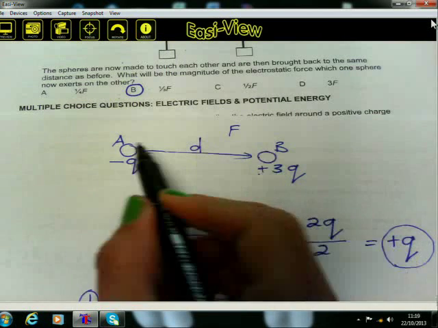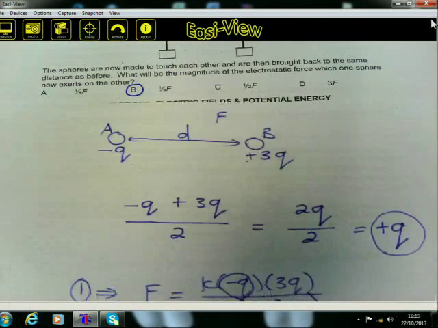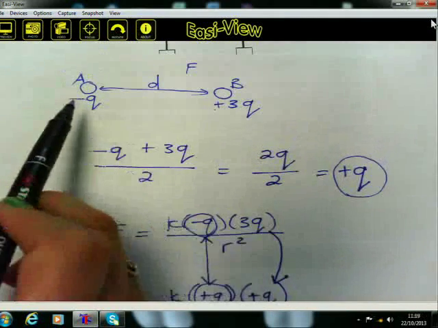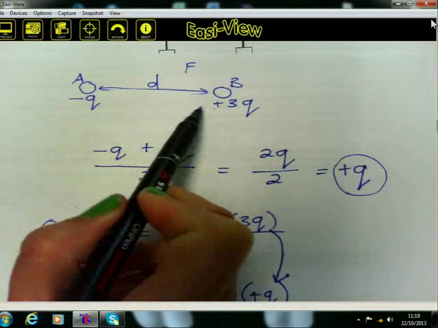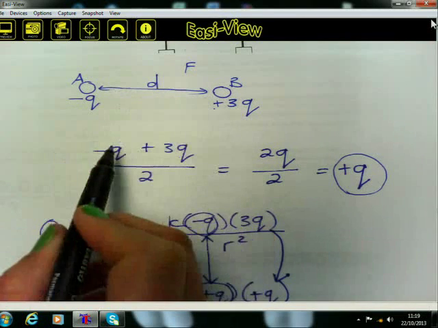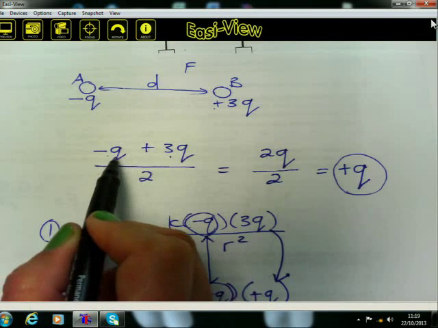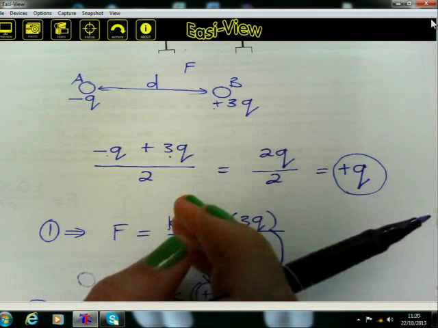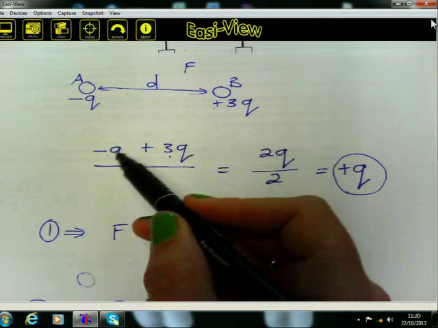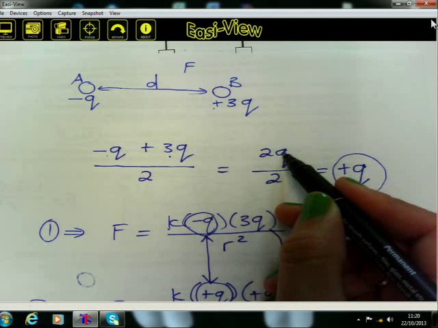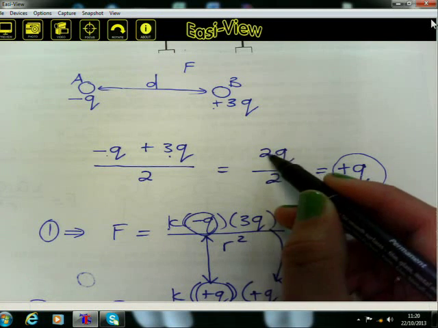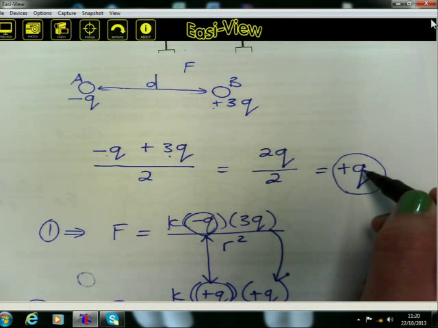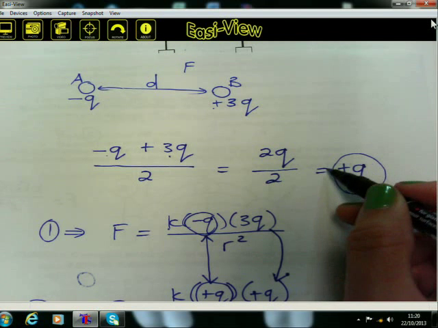We touch the two spheres. What is the new charge after the transfer? Charge is going to be transferred from the more negative one to the more positive one. So we add the two together, minus q plus 3q divided by 2. That's what our rule says. So minus q plus 3q equals 2q divided by 2. 2 divided by 2 equals 1. So our new charge on both these objects will be plus 1q.